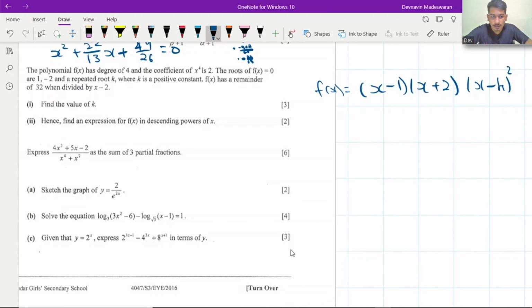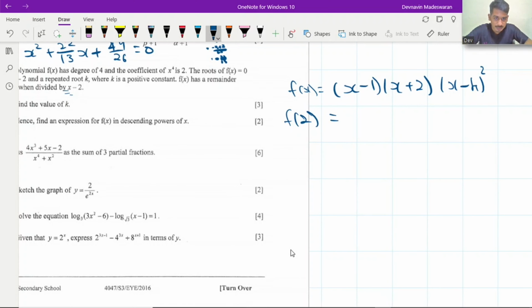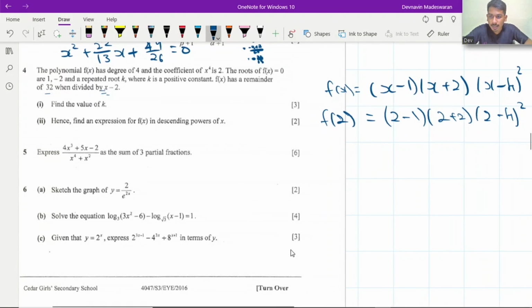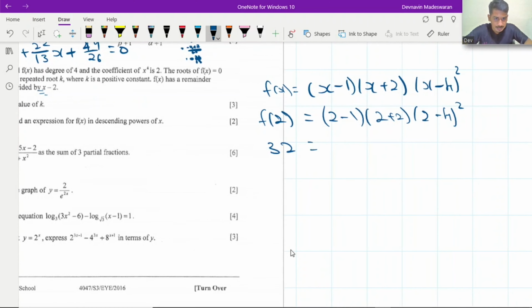And then we know that if we sub x equal to 2 inside, we're going to get the remainder. So f of 2 is going to be 2 minus 1, and then 2 plus 2, and then 2 minus k squared, which is going to be 32.